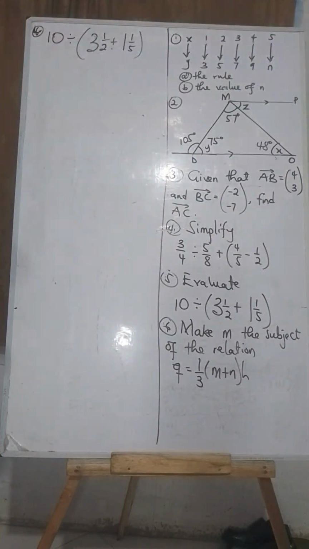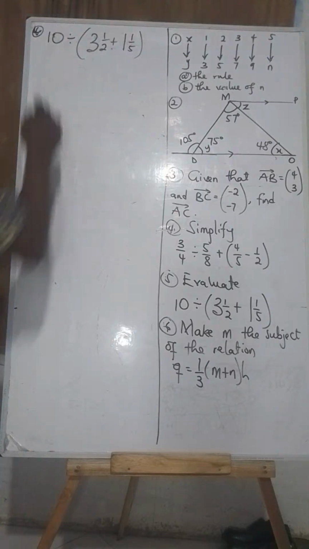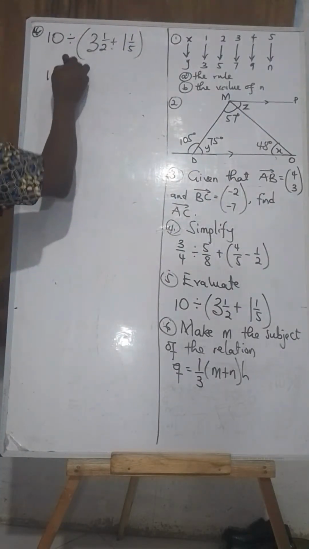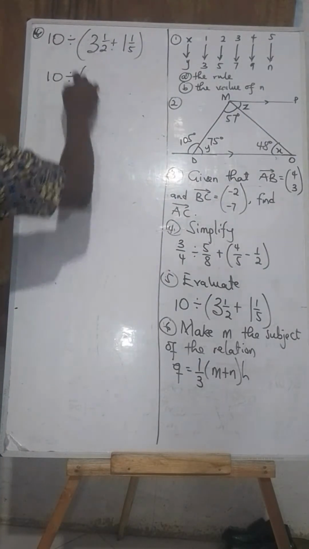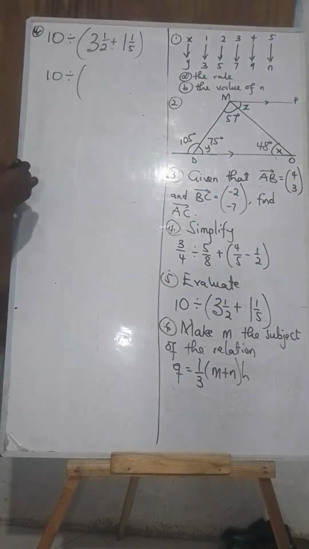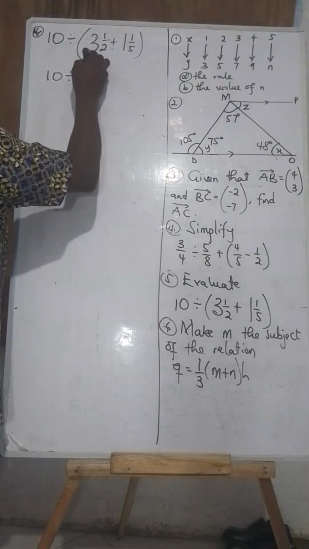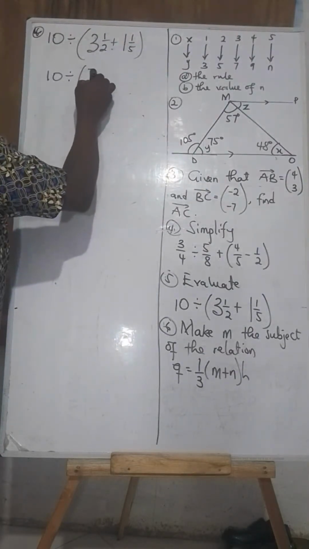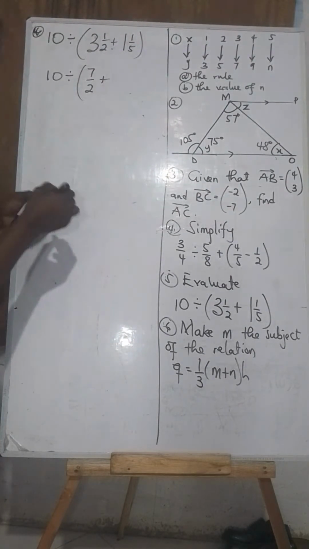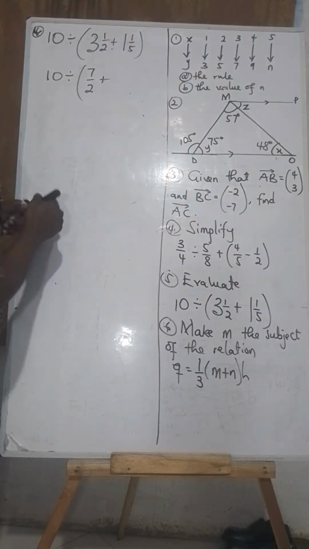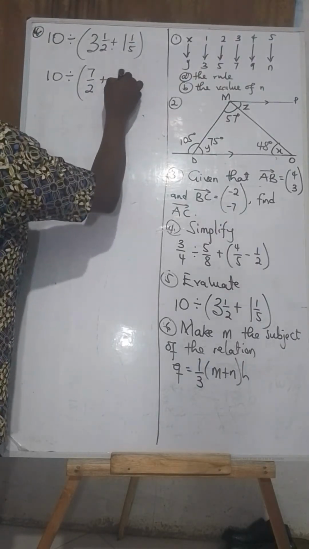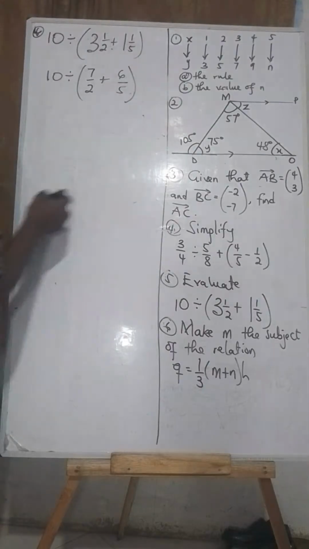Right, so with this you use the same BODMAS. 10 divided by, this is 3 times 2 is 6, 6 plus 1, that would be 7 on 2, plus this one you have 5 plus 1, that is 6 on 5.